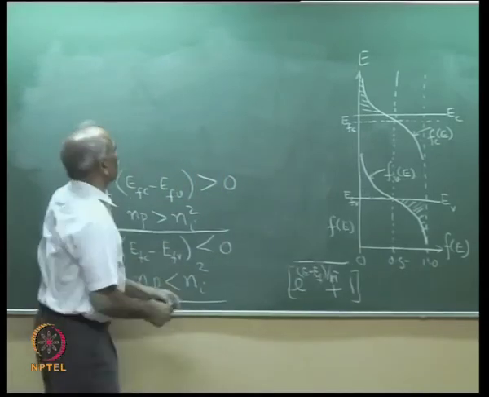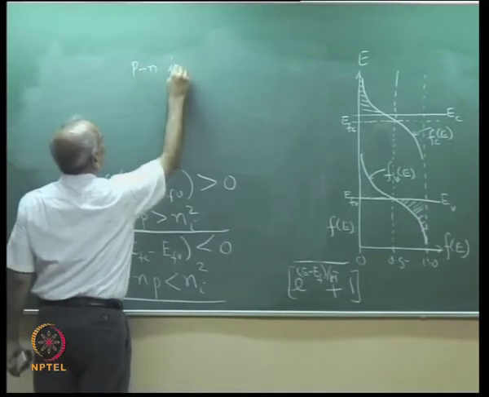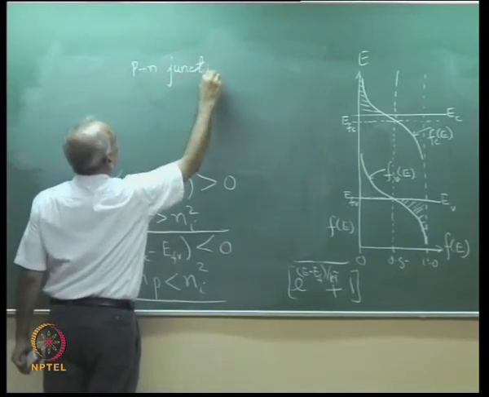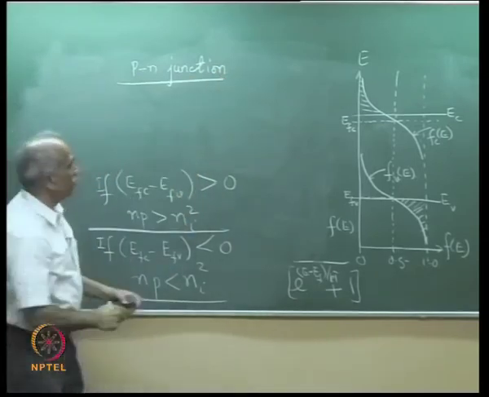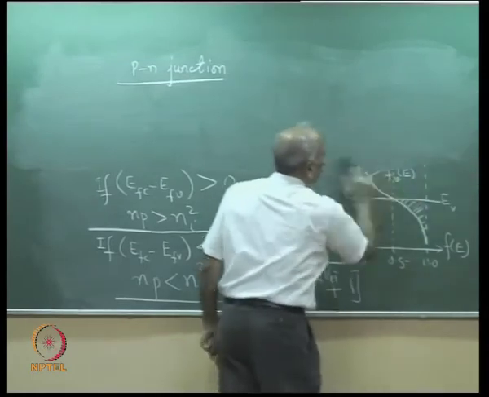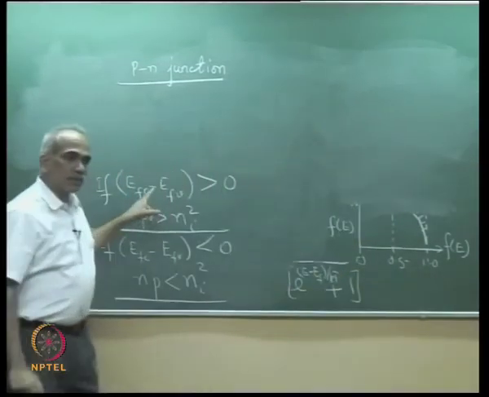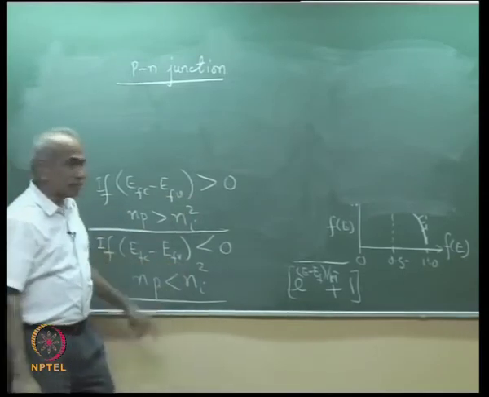Let's quickly take the band diagram of a p-n junction and see what this is. We will discuss the p-n junction a little bit more in a later class, but let us quickly take up the band diagram and see what the situation will be when this is greater than 0, and when this is less than 0.